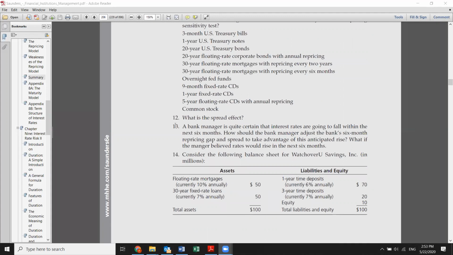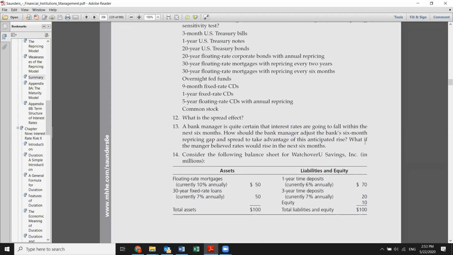The next question is kind of a logical question. A bank manager is quite certain that interest rates are going to fall within the next 6 months. How would the bank manager adjust the bank's 6 month repricing gap to take advantage of the anticipated fall?